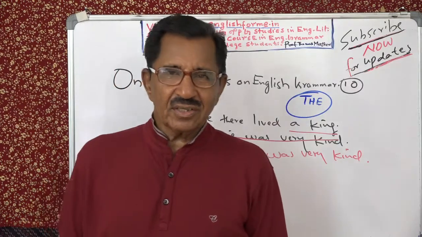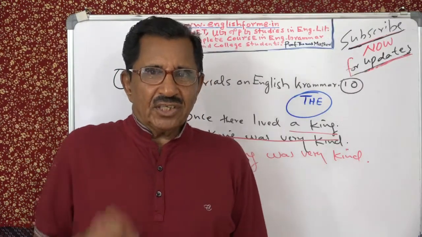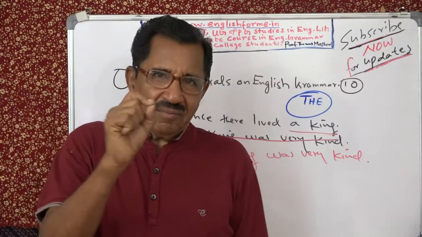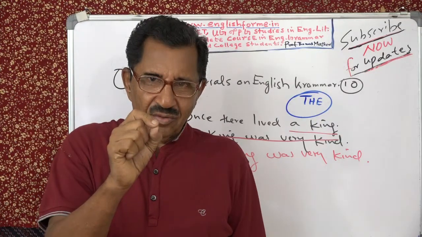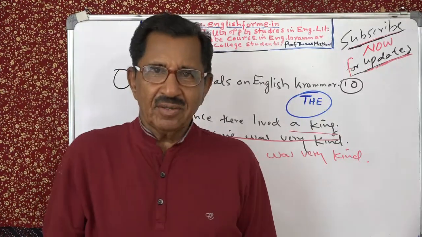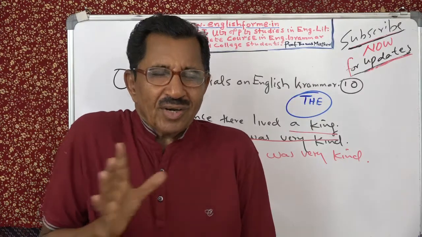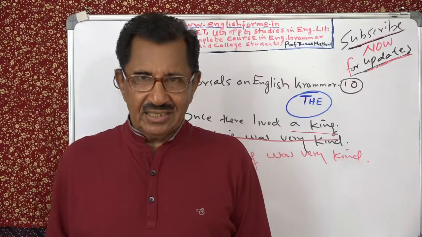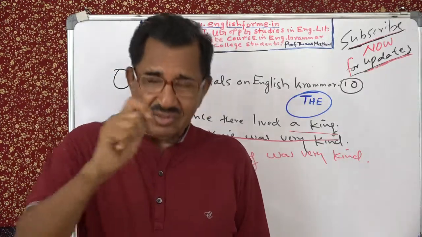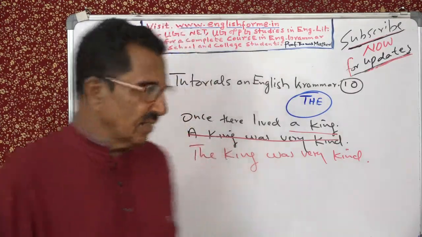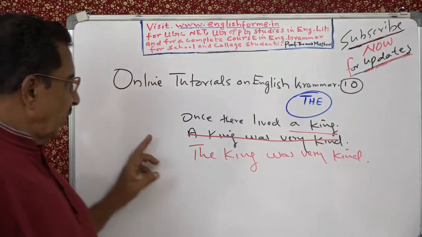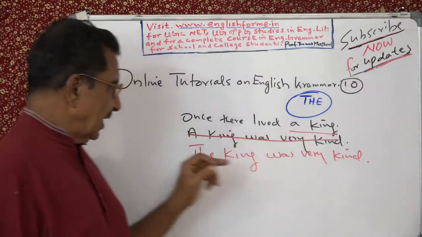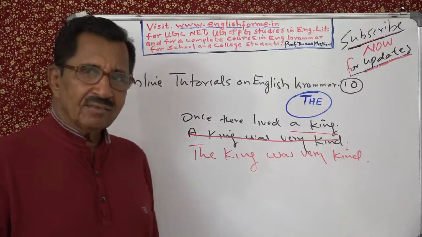So if you make the first use, and the same noun you are using a second time, you can close your eyes and then use the with that. You have to use it. Otherwise, sentence will read like this: Once there lived a king was very kind.